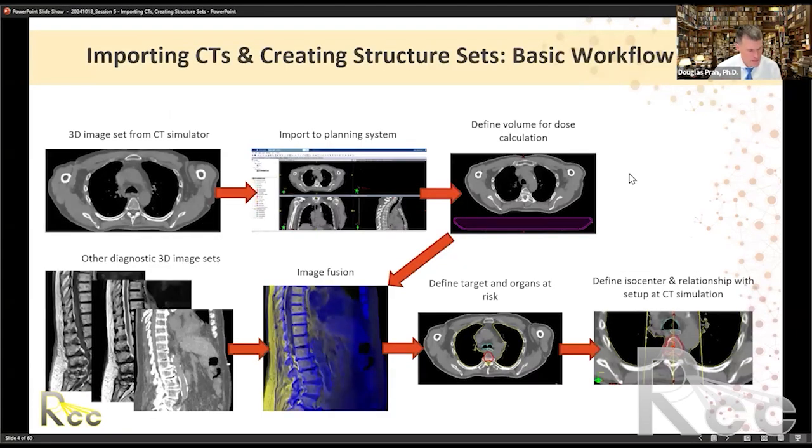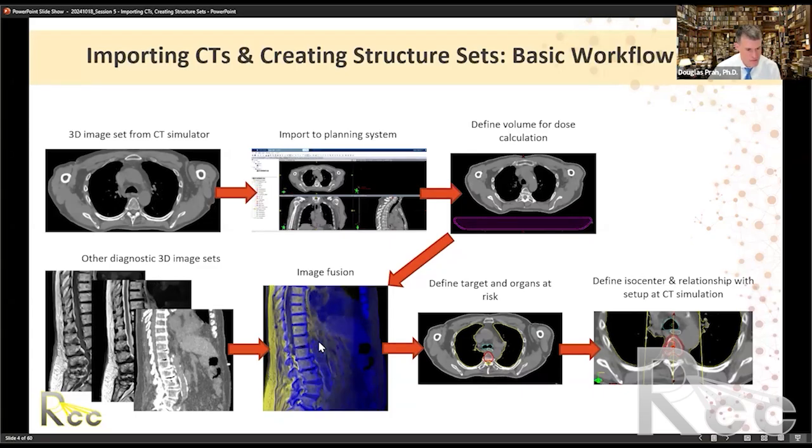So we'll keep coming back to this slide just as a reference as we step through the process, but this is the basic workflow. As I mentioned in the outline, we'll start with the simulation process where we'll acquire this 3D scan. From there, we will transfer that scan into the planning system. We'll define volumes for the dose calculation. If available, we'll import other images from radiology or other scans that we collected at the simulation.